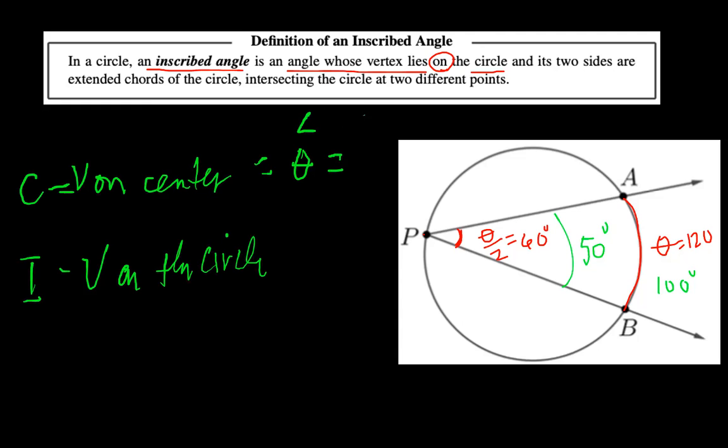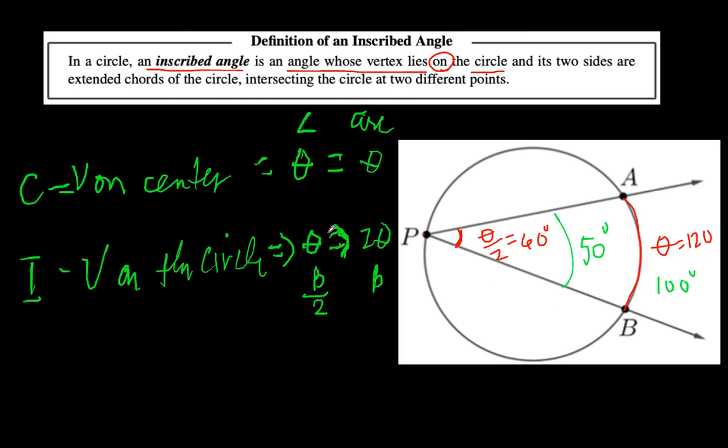And for inscribed, if the measure of the inscribed angle is theta, then its arc is 2 theta. Or if the arc is beta, the inscribed angle is beta over 2. So that's how we compare central and inscribed angle.